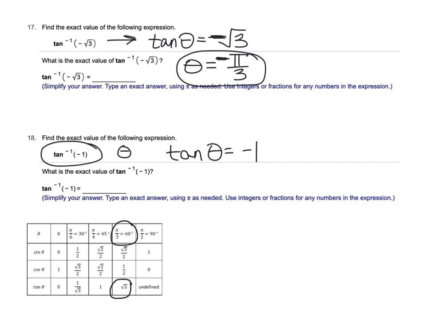Tangent is 1 at pi/4, so that's my reference angle. But because this was -1, it's -pi/4. To me, that's pretty easy, as long as you know what you're looking for. And once again, that happens with inverse sine and inverse tangent. You just find the reference angle, and you're either going to keep it positive or put a negative on it. That's it.